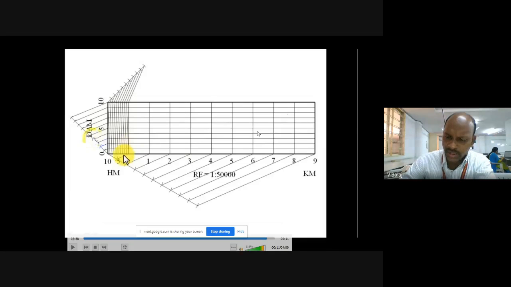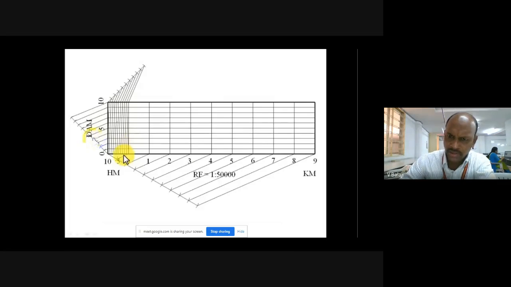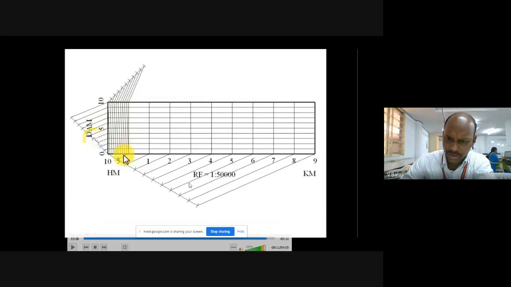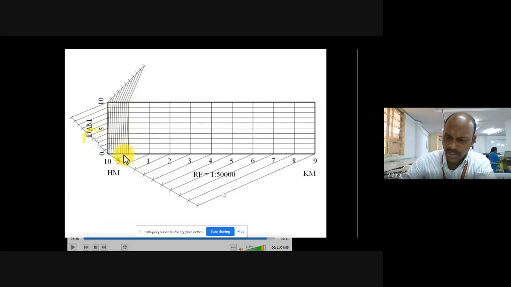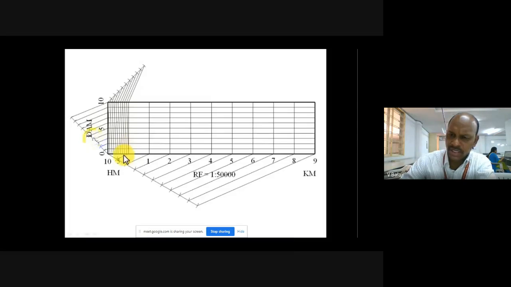I have posted one important material. There you will find some 4 marks questions, 10 marks questions, and so many other problems. All of you please try to solve them at home. Those are the homework for you. You need not submit them, since whatever I am teaching in the class, you can submit those practice problems.